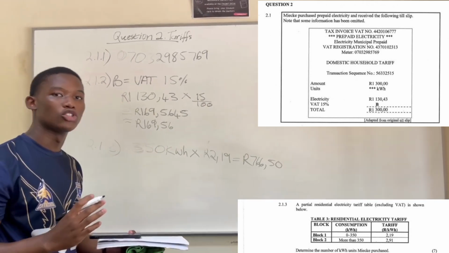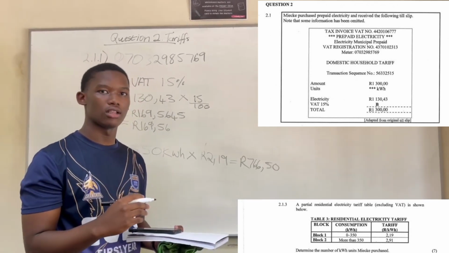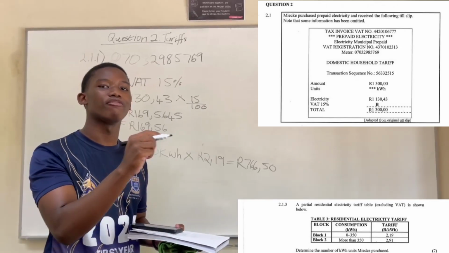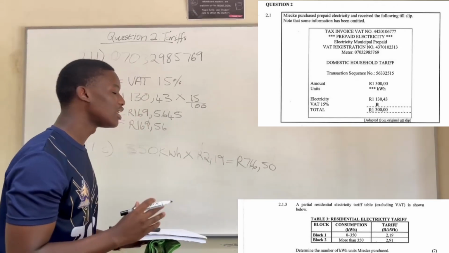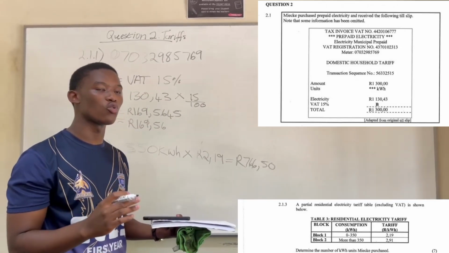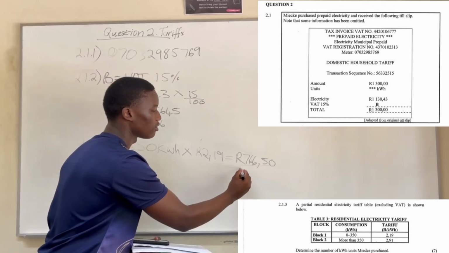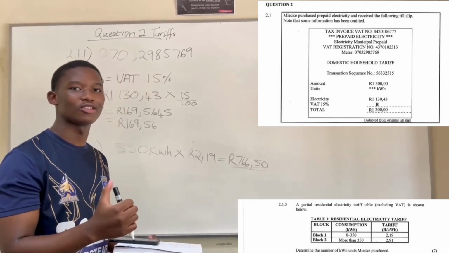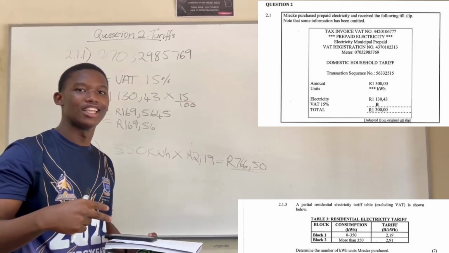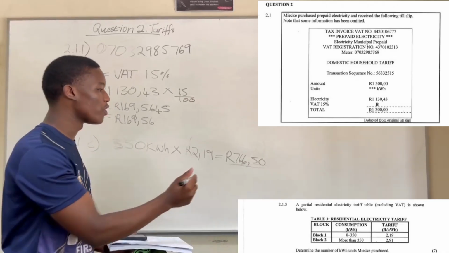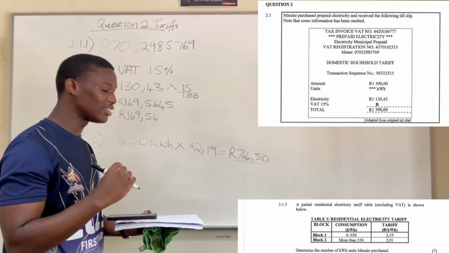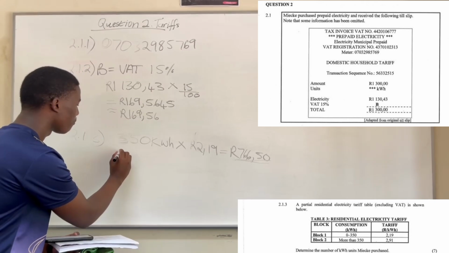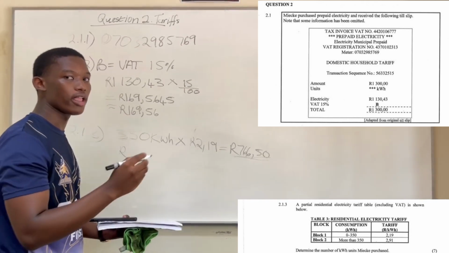Okay, and then what do we do? We take the total amount that he paid, excluding VAT. We want to deduct this one, to find out how much did he pay without this one. So we take how much in total did we pay excluding VAT.